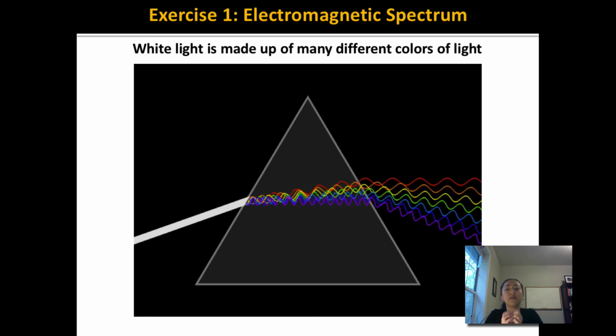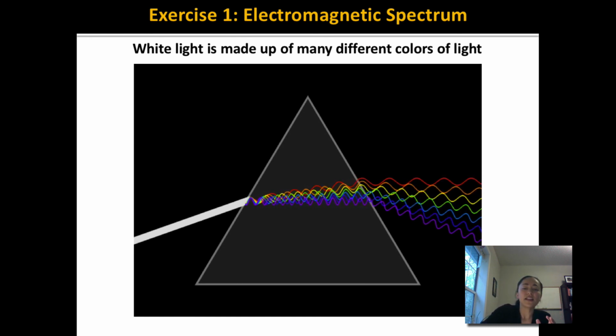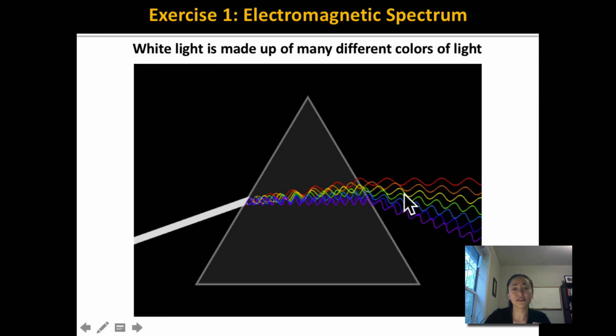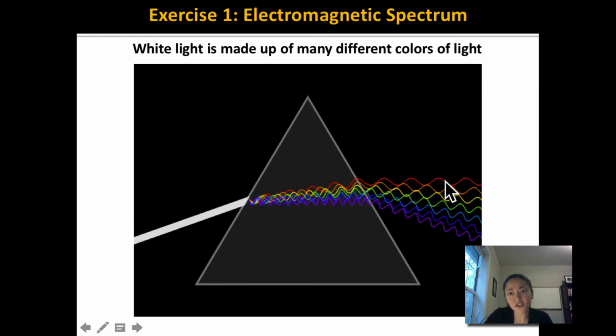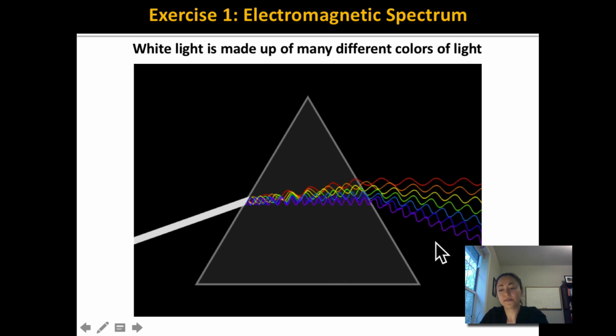So white light is made up of all these different colors of light. And it's all these different colors of light that plants use for photosynthesis. So they can actually absorb this light and absorb the energy in these wavelengths and use it for photosynthesis.